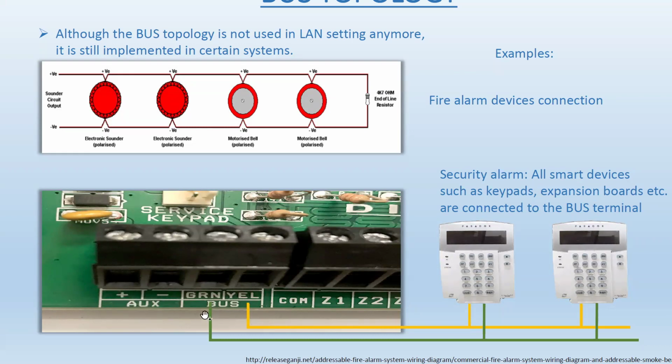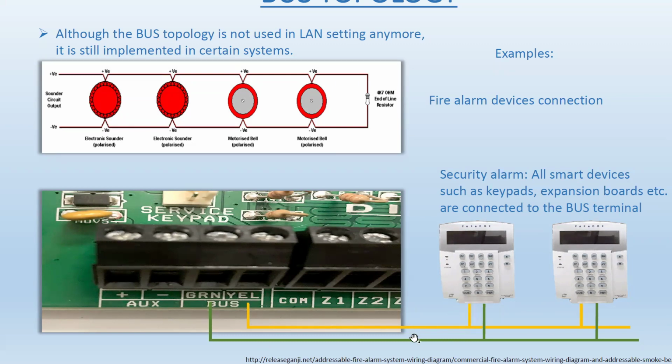But you also have on the main board of the security alarm panel something that is called bus terminals. This is a type of communication that goes between devices that are connected to it, and those are connected in parallel.